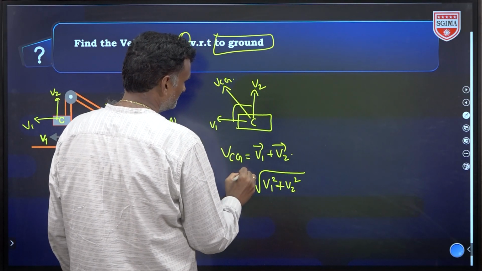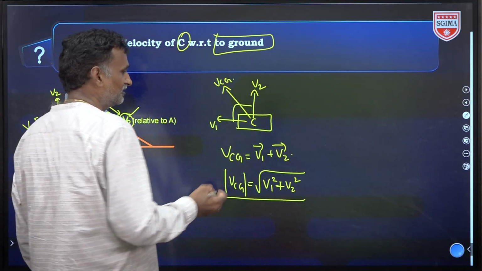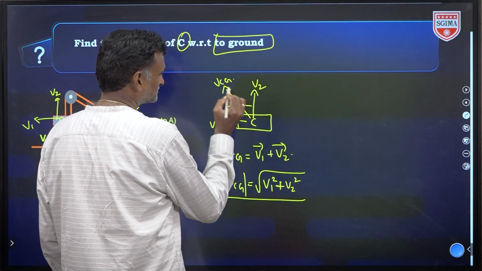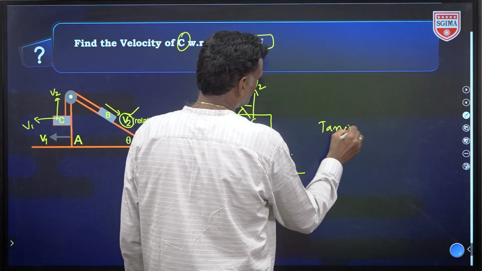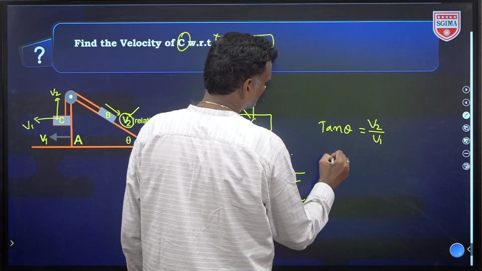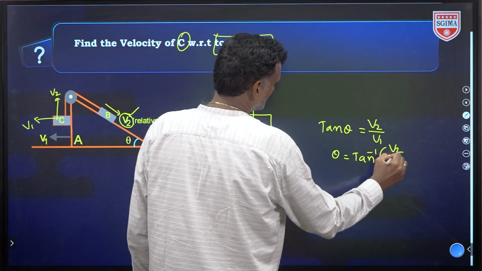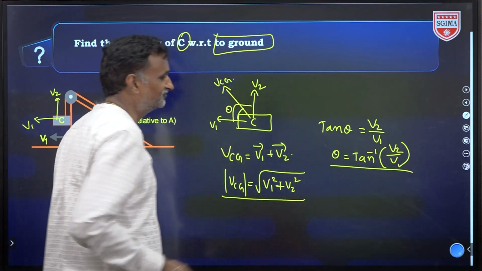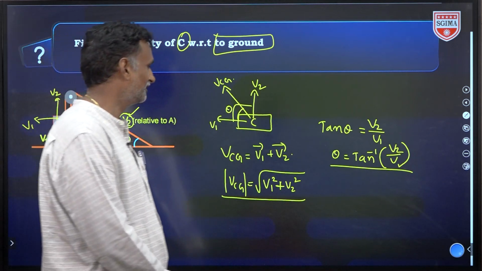This is the VCG magnitude. If they ask for the angle at which the net velocity acts, we can find it: tan theta equals opposite side V2 over adjacent side V1, so theta equals tan inverse of V2 by V1. Like this we can find it out. So, next.